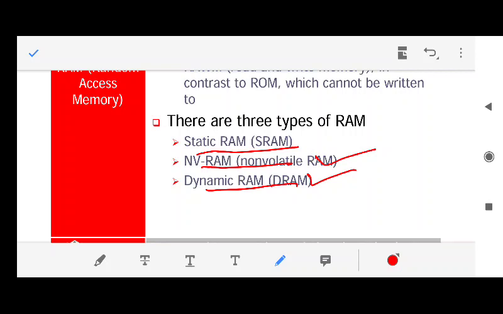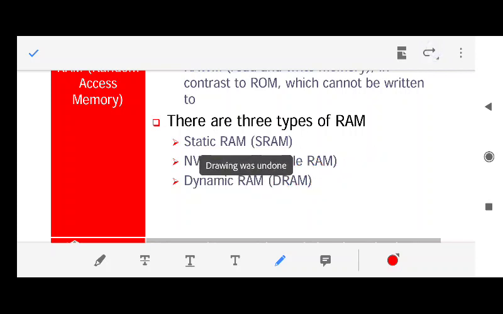For example, the cache memory and the RAM in your desktops and laptops are all dynamic RAM. You need not go into detail, that is all electronics and computer science. You need not know how they are manufactured, but you should know what different types of RAM are available.